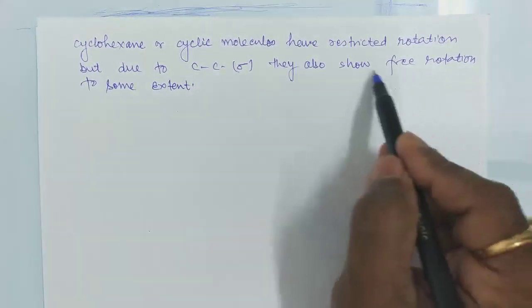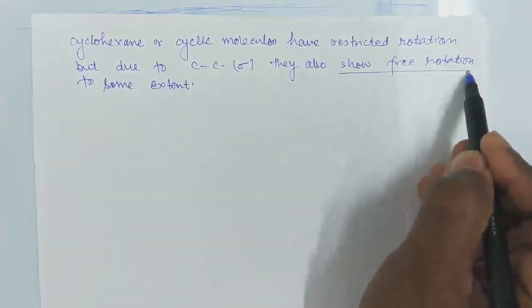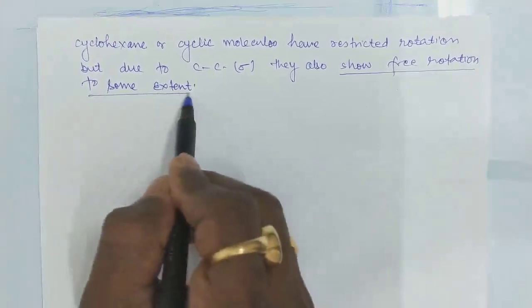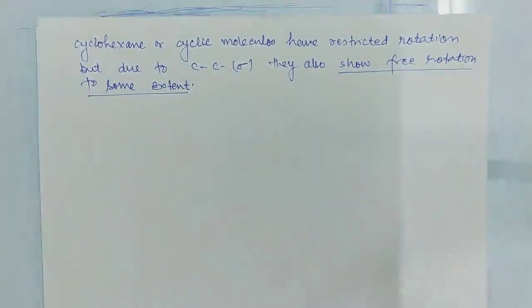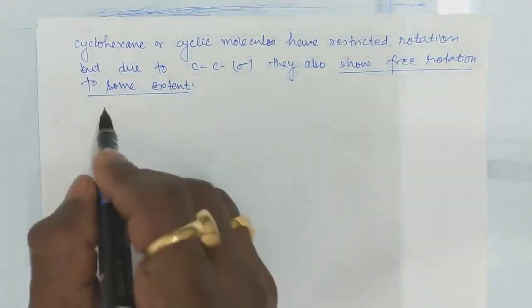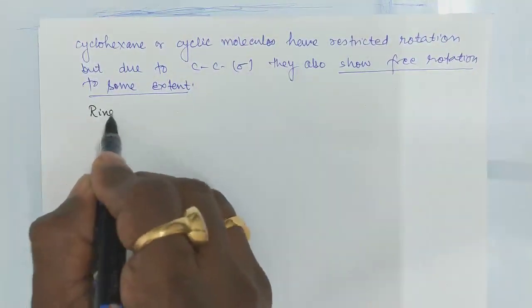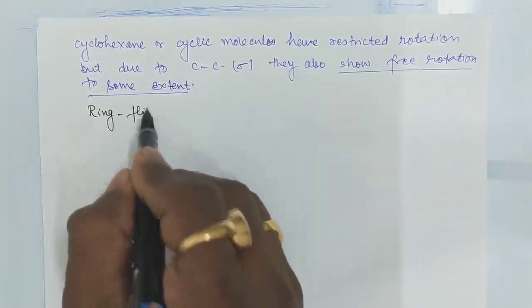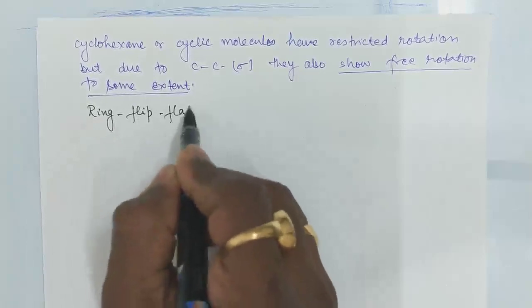So this rotation causes the flipping of the ring. So ring flip-flap, how does this ring flip and flap?